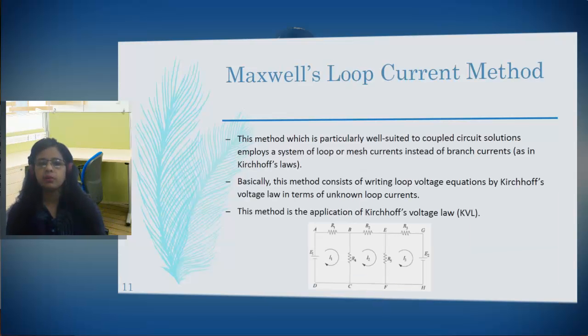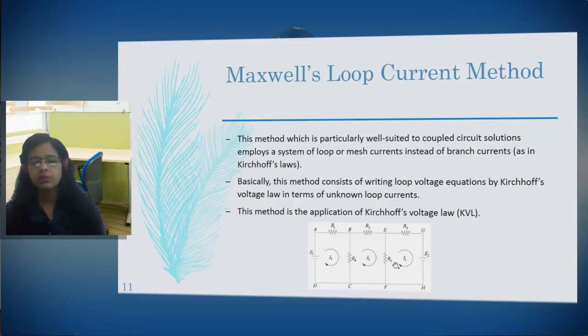Now another important method which is used is Maxwell's loop current method. It is the application of KVL. The previous one was the application of KCL. In this method, if a number of meshes are there, we consider a single current flowing in the complete loop.